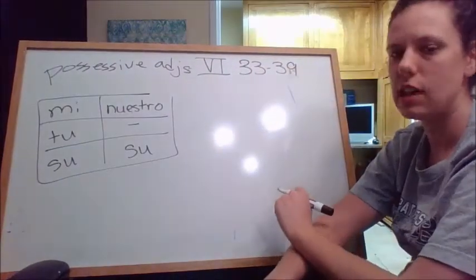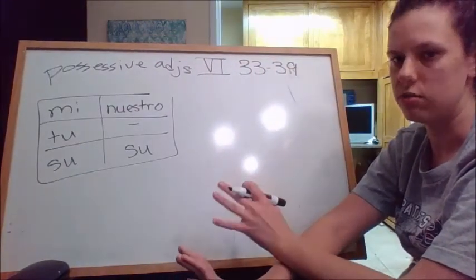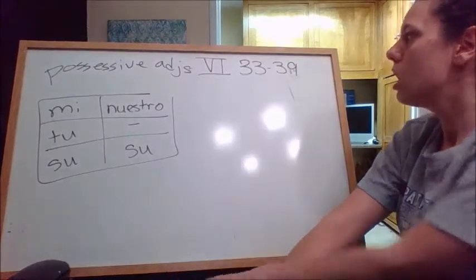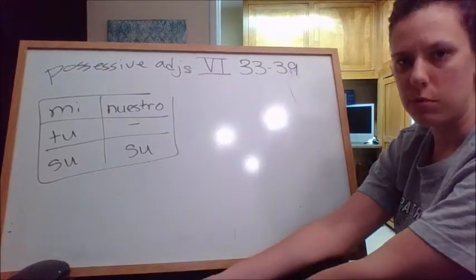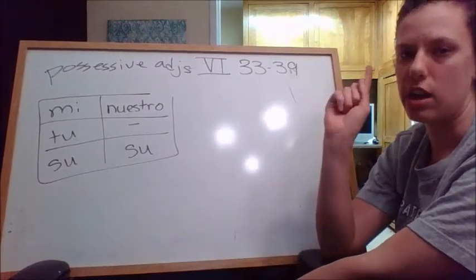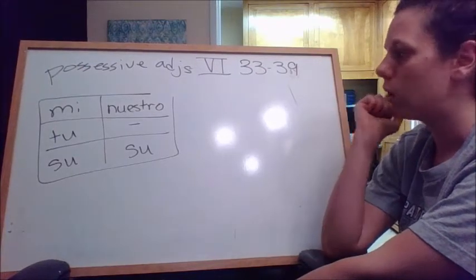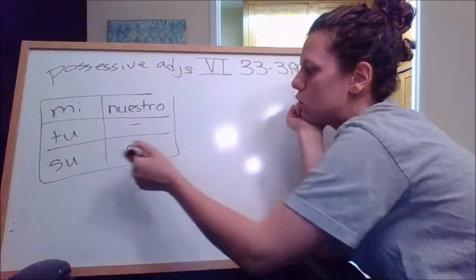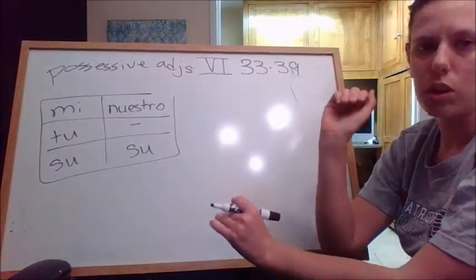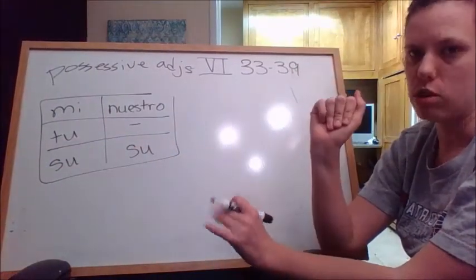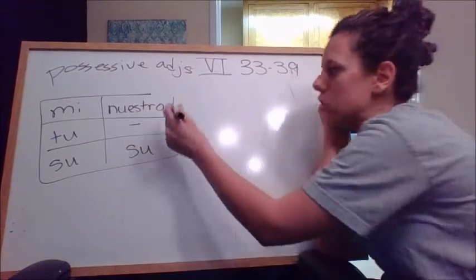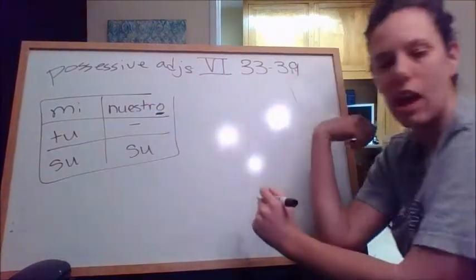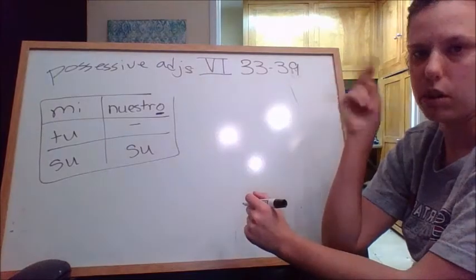Those are our possessive adjectives or possessive pronouns, whatever you want to call them. Because they're adjectives, remember that they have to match their noun in gender and number. So these right here, mi, tu, su, and su, we really only worry about number. We don't have to worry about gender. However, since this one ends in an O, we have to worry about gender and number.